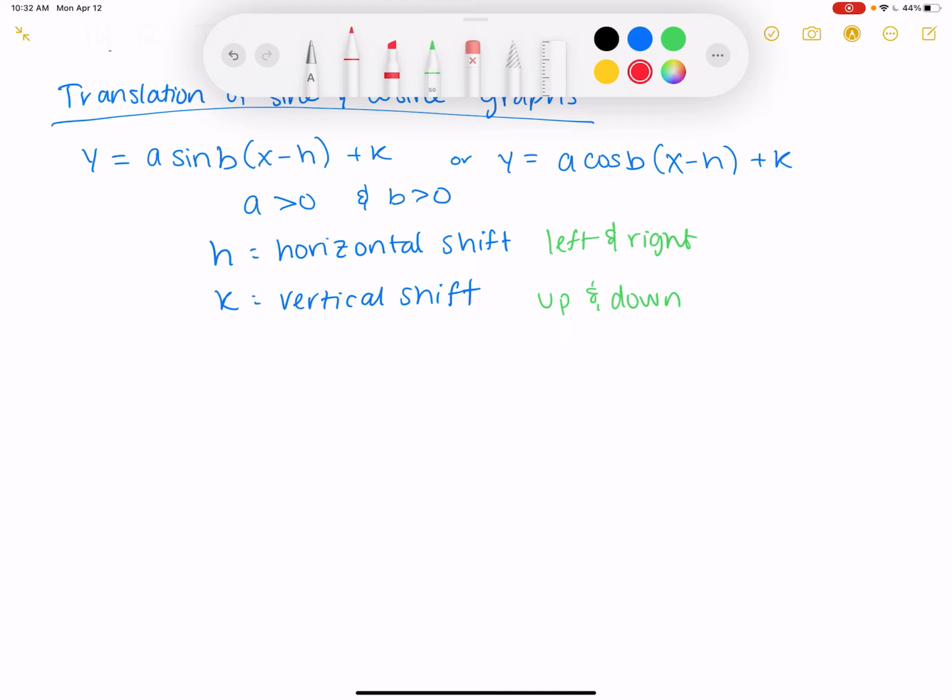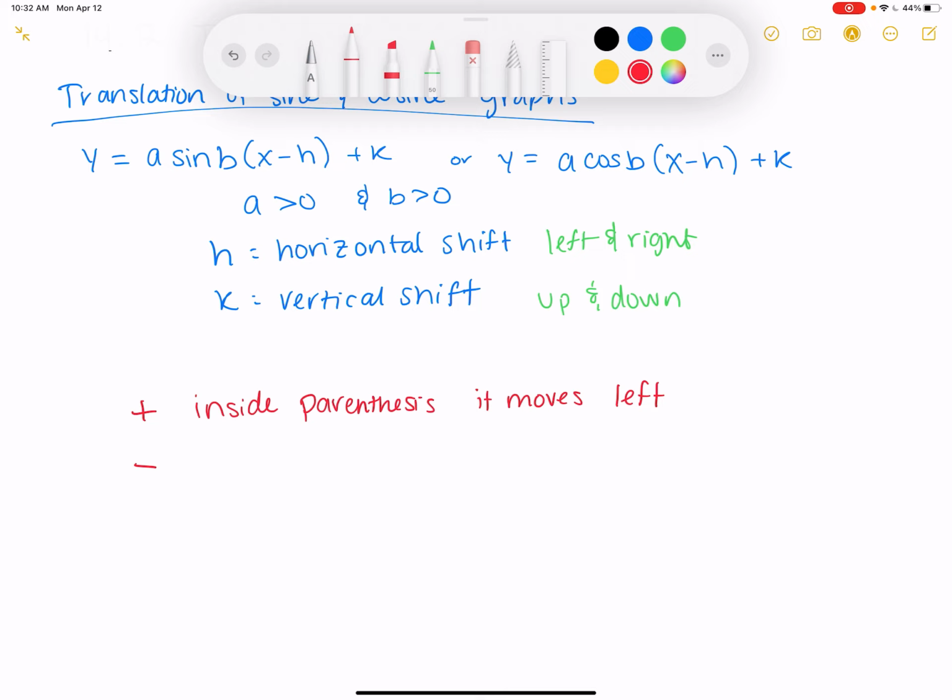Okay, we're good now. Alright, so just kind of a hint for you to know what's going on. If you have a positive sign inside the parentheses, it moves left. If you're not writing down anything else, I highly recommend you write down this stuff. So that means it goes opposite, right?